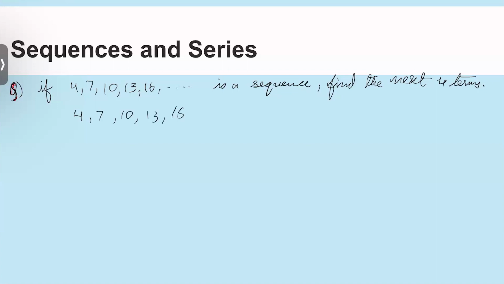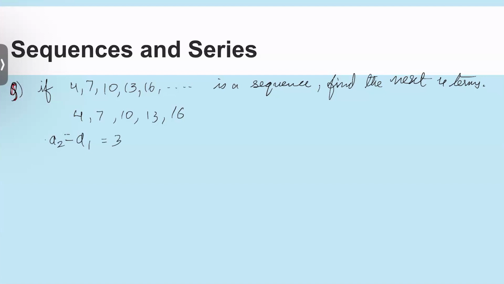Let's first see if this is an arithmetic sequence or a geometric sequence. Over here, A2 minus A1, what would you get? You get 3.